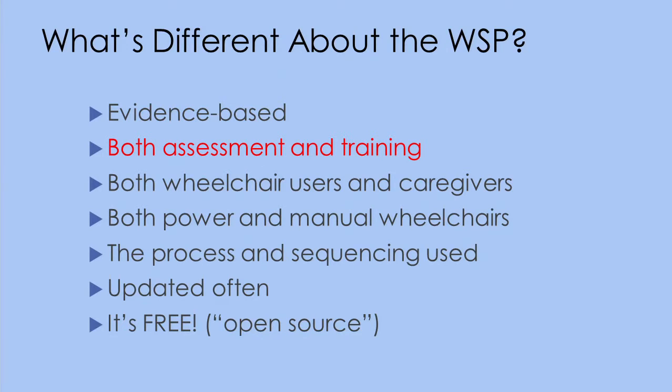So they've based it on both assessment and training for both wheelchair users and caregivers, both power and manual chairs, the process and sequencing used in order to learn the skills to become an efficient and wonderful user of this technology. It's updated often, and it's free. You can go to it and just download those materials.